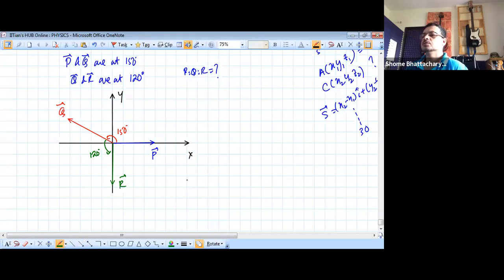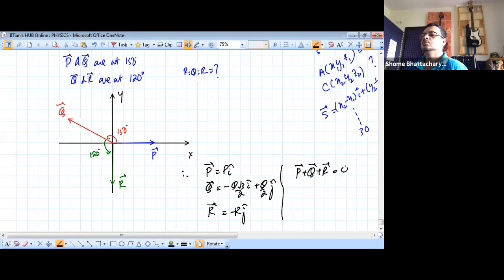Now just write them in component form. So we can write P as some unknown magnitude into i cap. We can write Q as minus Q root 3 by 2 i cap plus Q by 2 j cap, and R as just minus R j cap. Okay. So now we want the resultant P plus Q plus R to be 0.